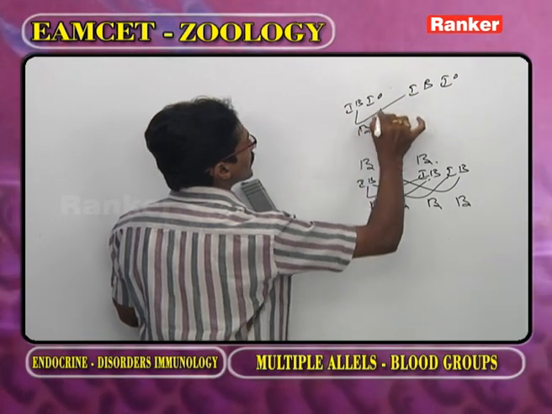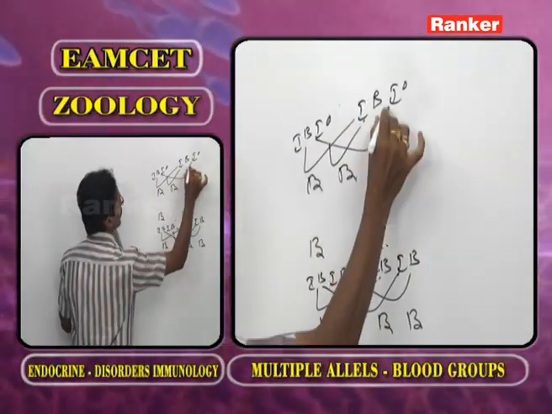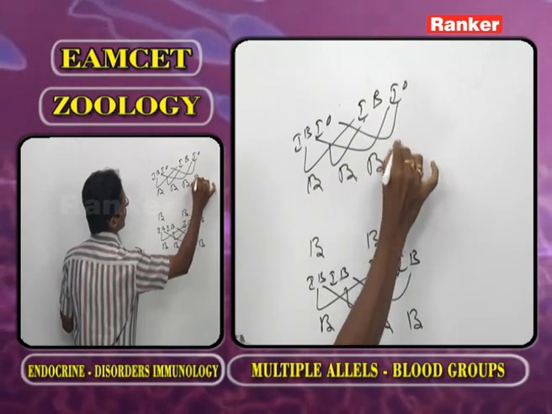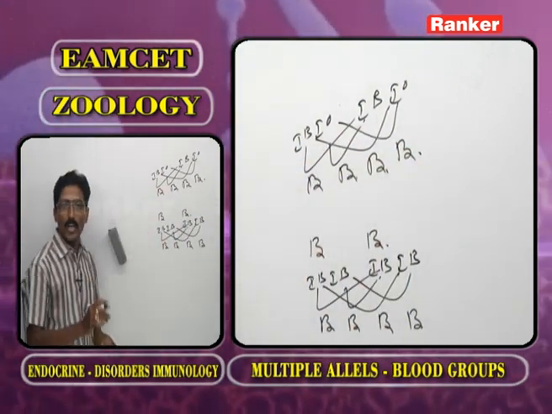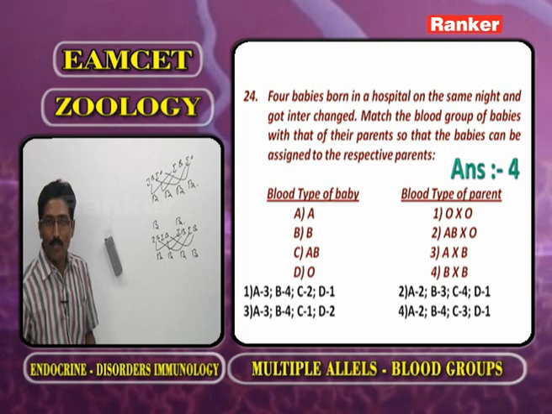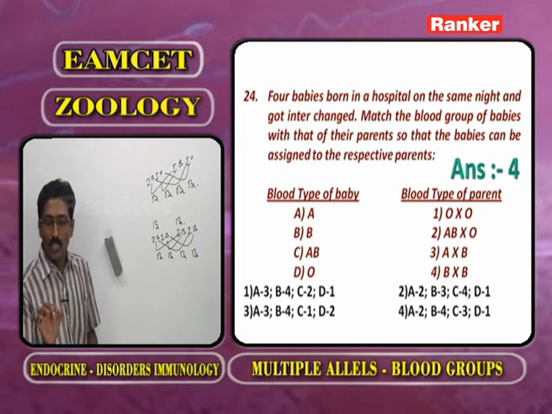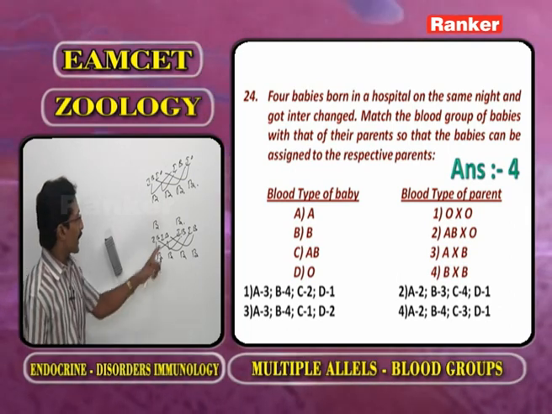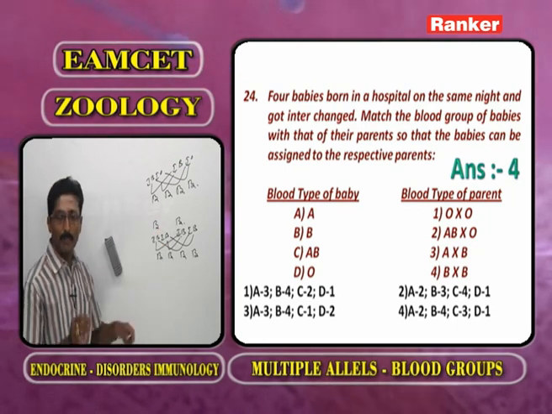We are getting B, B, B, B. No doubt, the second baby's blood group is B. Handed over to what type of parents? The parents having the B blood group.